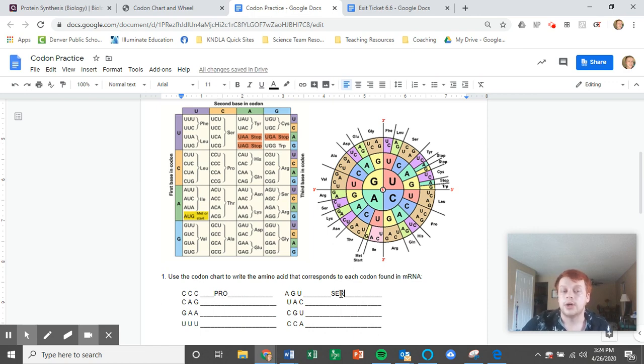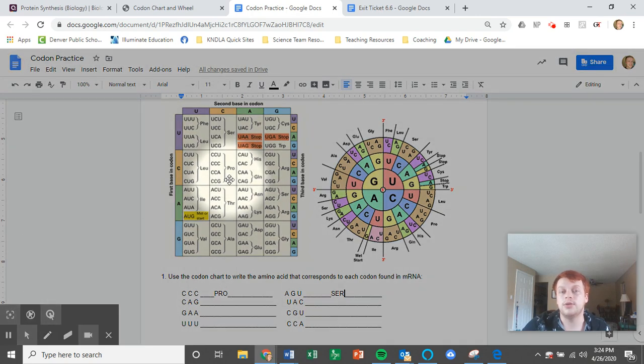Now again, I'm going to walk you through how to use these, and then you can do the rest of number 1 on your own. So if you are using the codon chart, remember the first base is a row, the second base is a column, the third base is within the row and column that you specify. So if we're looking at this one here, CAG, we would go to C, and then to A, see where they overlap, which is right here.